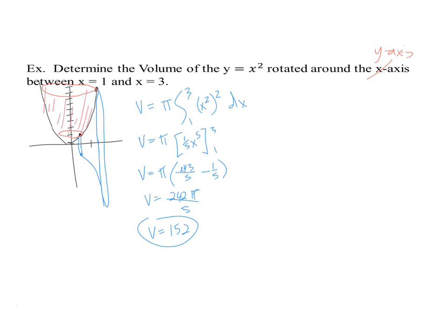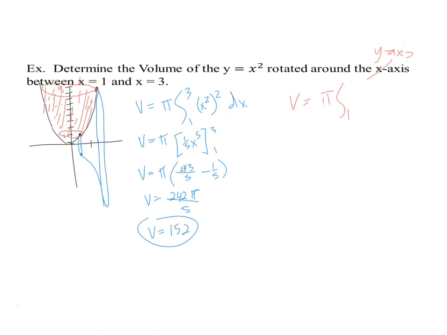But because it's the same equation, and we know the y-coordinates, when x was 1, our y was 1, and when x was 3, our y was 9. So the only thing that's going to be different is we're going to go around the y-axis, so that means we need our interval to go from the y-coordinates, so 1 to 9.